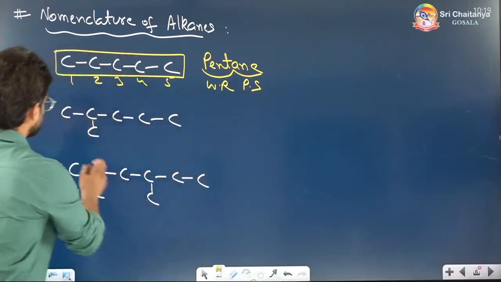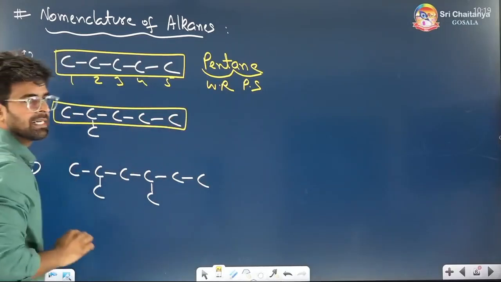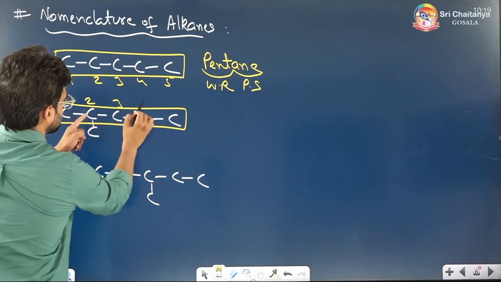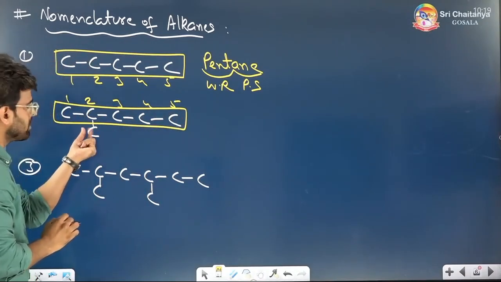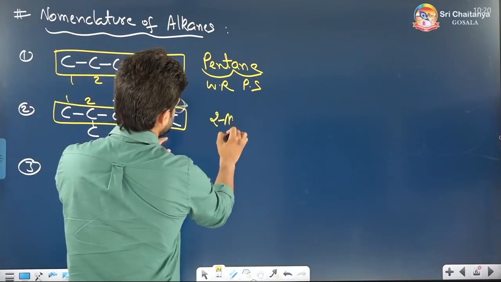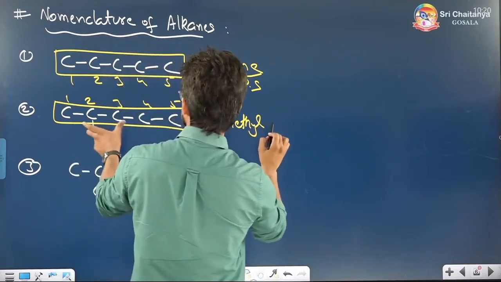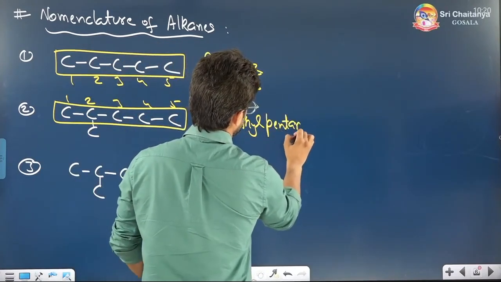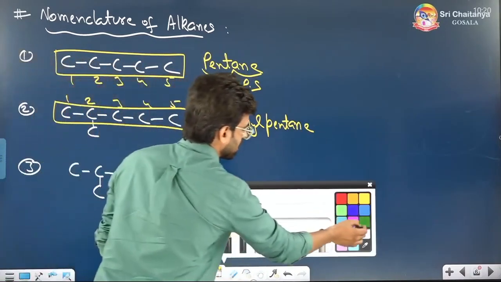Right? Next one. Name this fast. Now, definitely I will start from here because by the lowest locant rule, the substituent is coming at the low corner, the low position. So what do I name this? 2-methyl. 2-methyl, what is it? Pentane. 2-methylpentane. Now see carefully what we have used here.